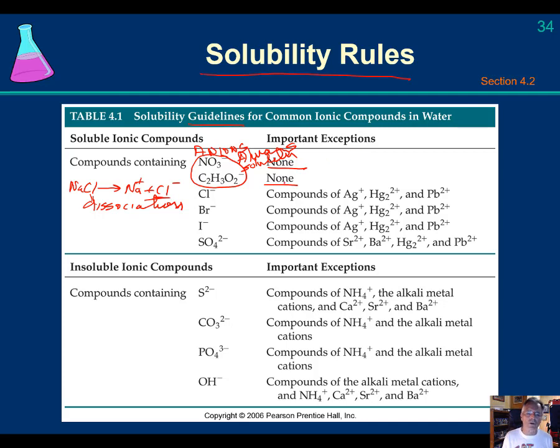There are no exceptions to nitrate and acetate being soluble ionic compounds. So if I see, let's say, lead 2 nitrate, that is a soluble ionic compound. It's going to dissociate into lead 2+, we'll put aqueous out here, and we'll put the two nitrates out here.